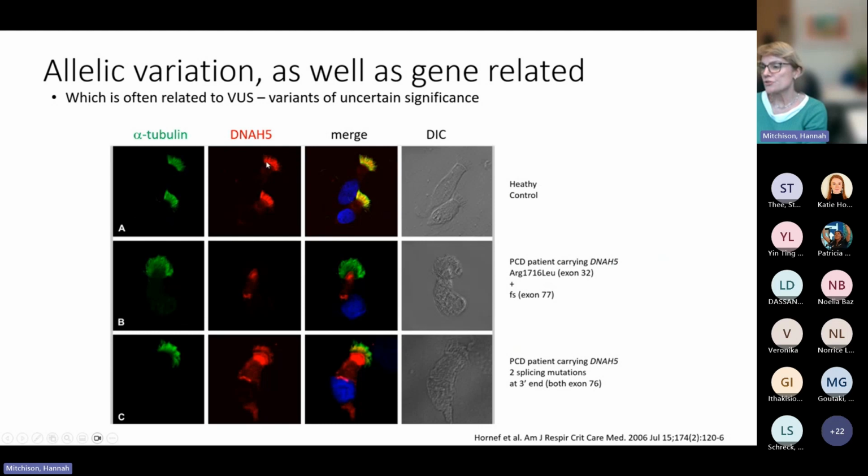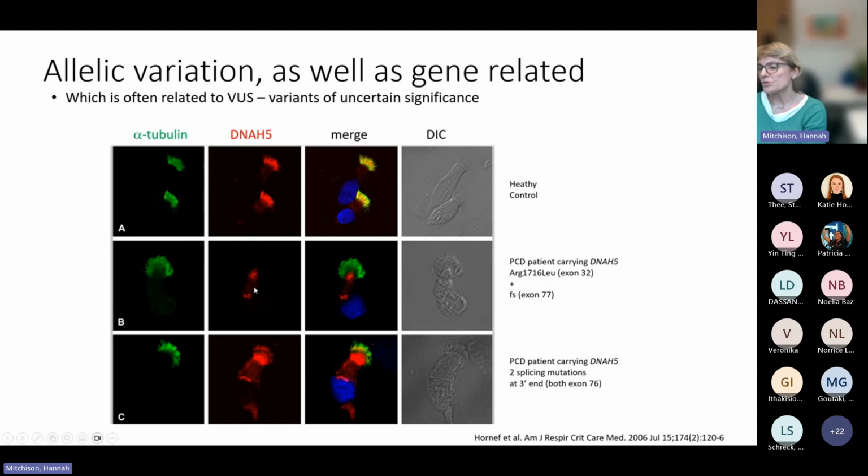So in a healthy control, here's green, the marker of the cilia, in the airway cilia when you put them on a slide, and DNAH5 is an outer dynein arm component that goes all the way up and down the axoneme, so very nice co-localization. In a patient carrying a DNAH5 variant, which at the time would have been a variant of uncertain significance because it's just an amino acid swap, an arginine to a leucine, plus a null allele frameshift, what you see is no DNAH5 in the cilia anymore.